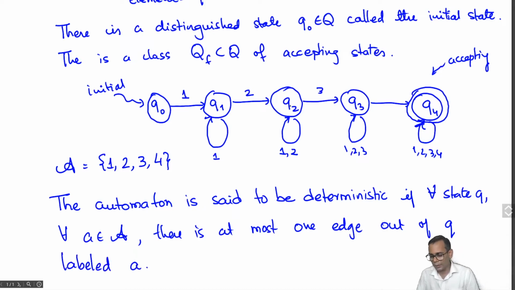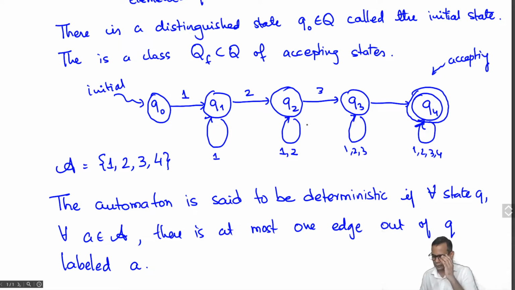So this automaton here is deterministic. If I had put 1 comma 2 here, then there would be two edges going out of Q1 with label 2, namely this loop here going from Q1 to Q1 and this edge here going from Q1 to Q2. This automaton would no longer be deterministic. But here I don't have this, and you can see from every node there is exactly one arrow with any given label. This is called a deterministic automaton.